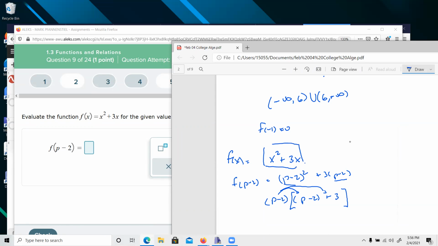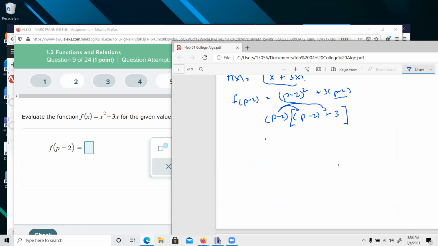Yeah, we get the same thing, so it's okay. So what we're going to have here is a p minus 2, and this is just parentheses. It's minus and plus. All right. p minus 2 plus 3. So we just have to multiply that out, and that's how we're going to do it.